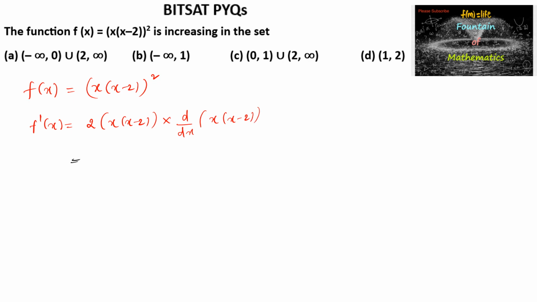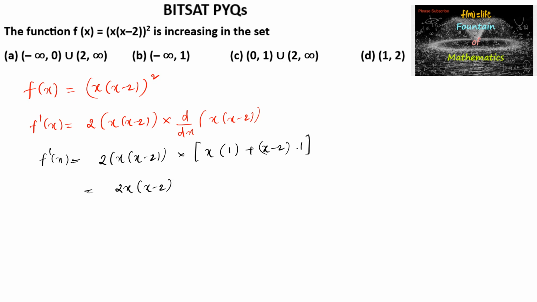So f dash of x is equal to 2 times x into x minus 2 into x times the differentiation of x minus 2, which is 1, plus x minus 2 into the differentiation of x, which is 1. So we can write 2 times x into x minus 2 into x plus x, that is 2x minus 2. So we can write 2 times 2 times x minus 1 into x into x minus 2.